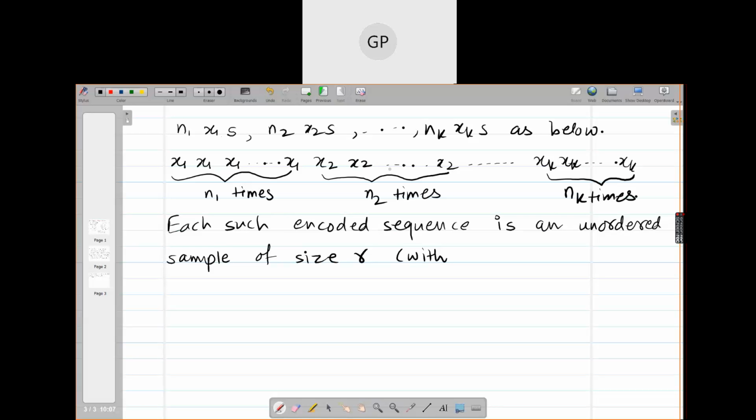We are repeating x1 n1 times, x2 n2 times, and this order is not fixed. With repetition, because ultimately you are adding them. So addition is commutative, you know that. That means I can write 1 plus 3, which is the same as 3 plus 1. With repetition from the k elements, from the k element set.